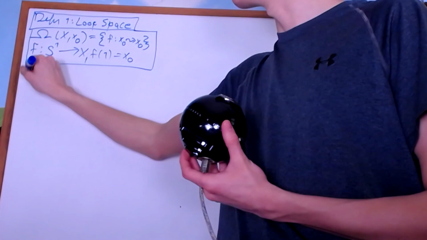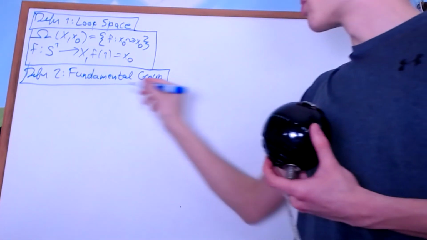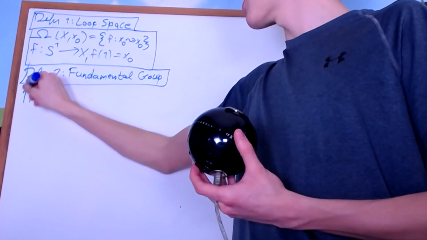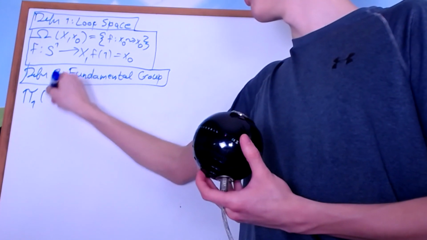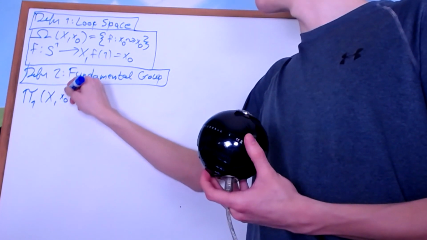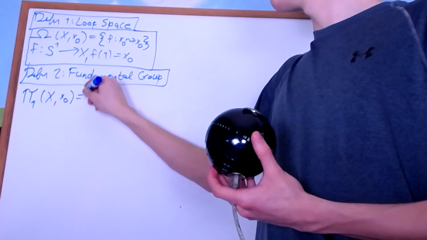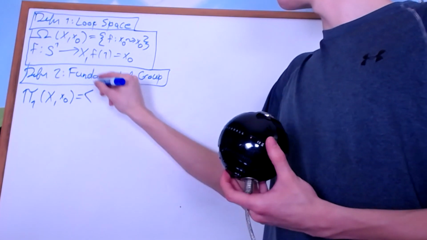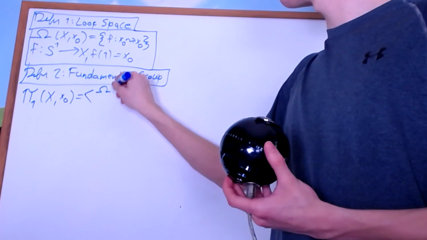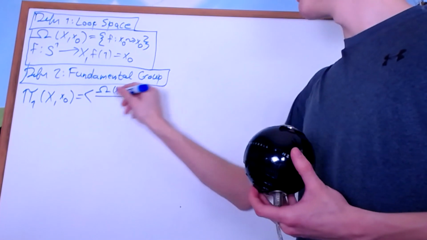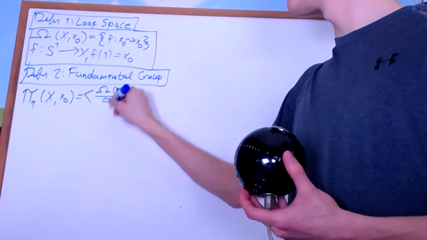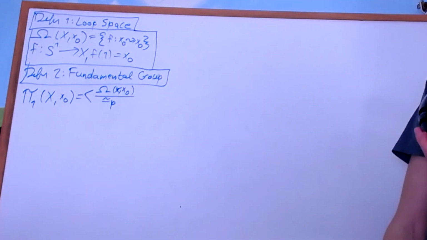So, definition 2. The fundamental group we write as pi 1 of the space at a base point x0. What it's going to be, the underlying set is going to be the loop space, and you mod out by the path homotopy equivalence relation.